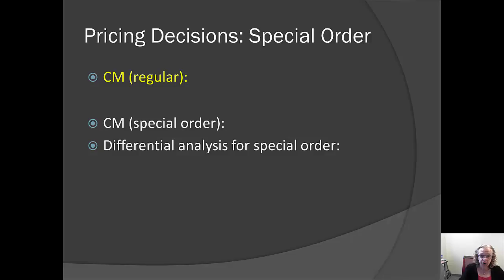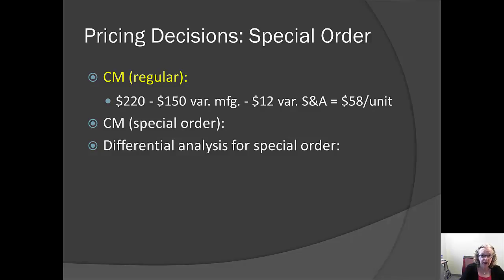The contribution margin on a regular window is the difference between its selling price and its variable cost. In this case, windows usually sell for $220, minus their variable manufacturing, minus their variable selling and administrative, means the contribution margin is $58.